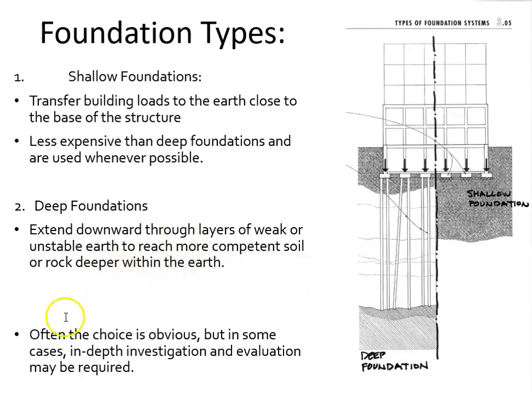So that's what that all says. Often the choice is obvious, but in some cases, in-depth investigations and evaluations may be required to think about the cost of the different strategies.